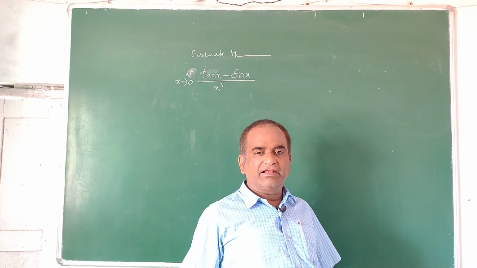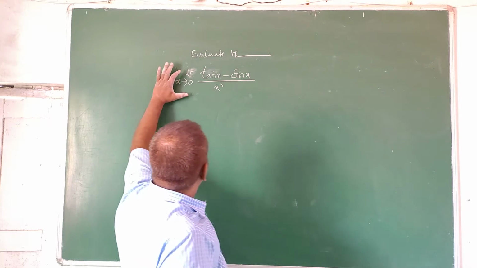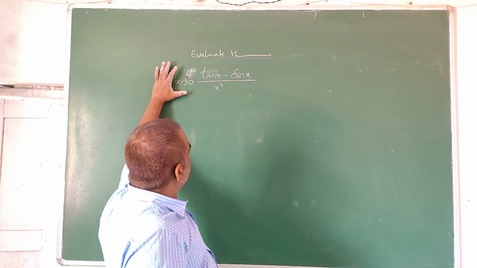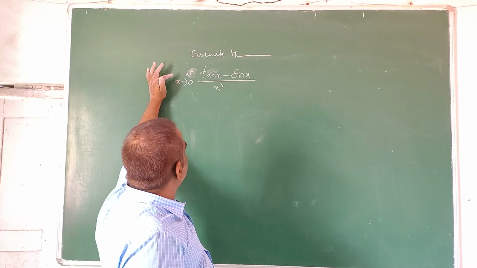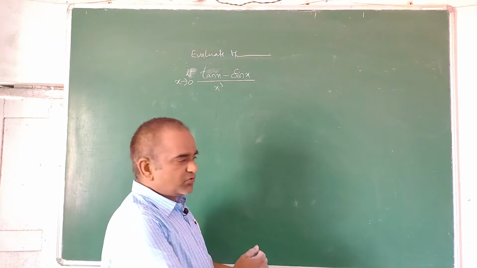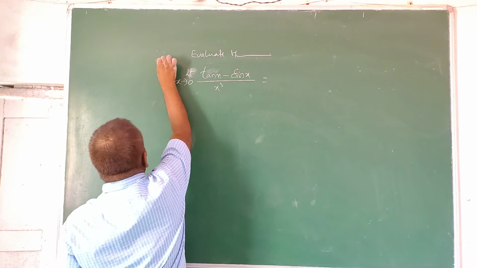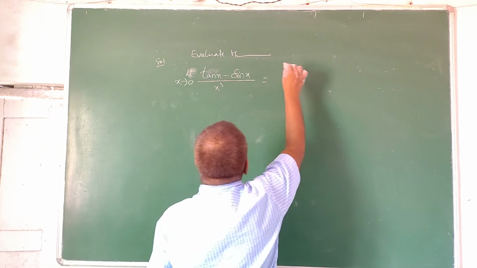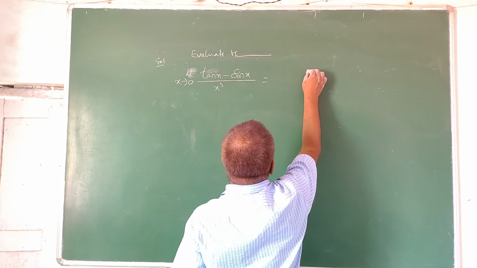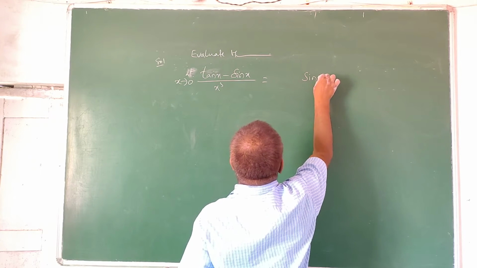So we have to evaluate the next limit: limit of (tan x minus sin x) by x cube as x tends to 0. Now I am starting the solution. This tan x can be written as sin x by cos x, right?